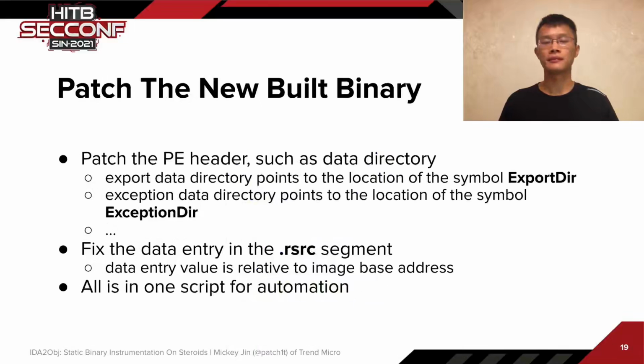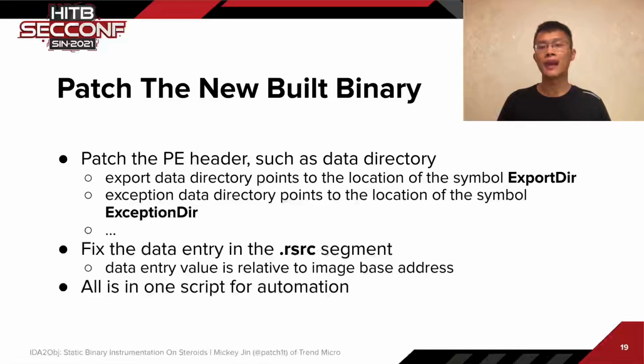But there is one more step to run. We need to patch the PE header, such as the data directory. For example, we need to patch the export data directory to make it point to the location of the symbol export dir.